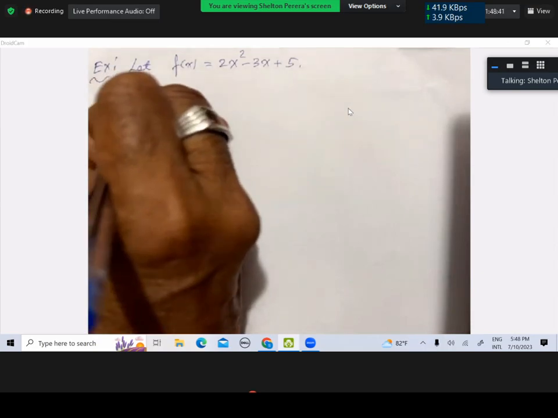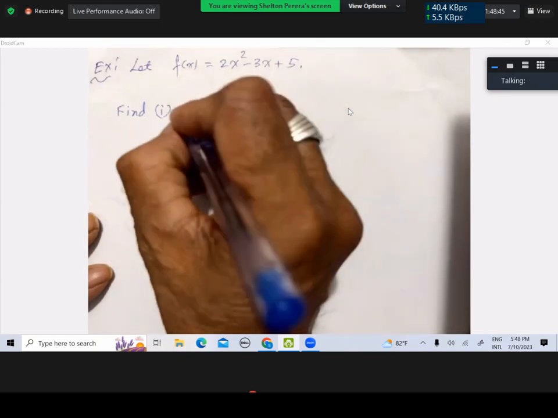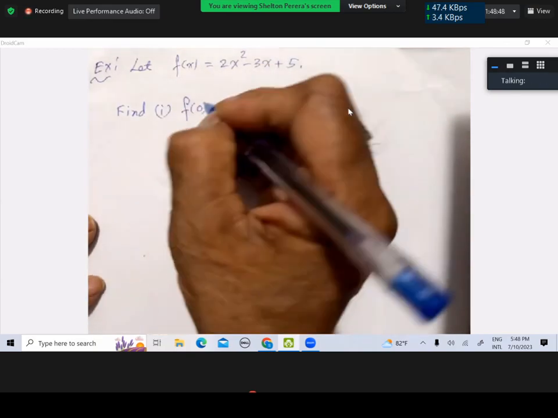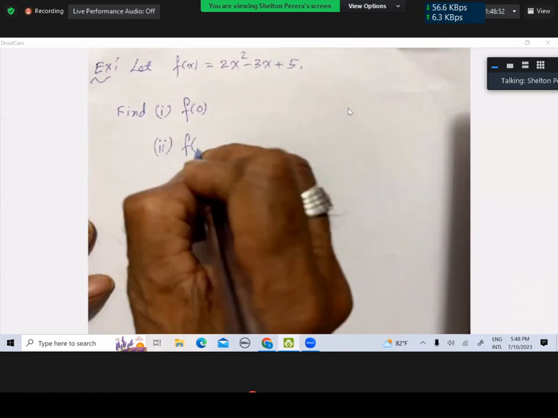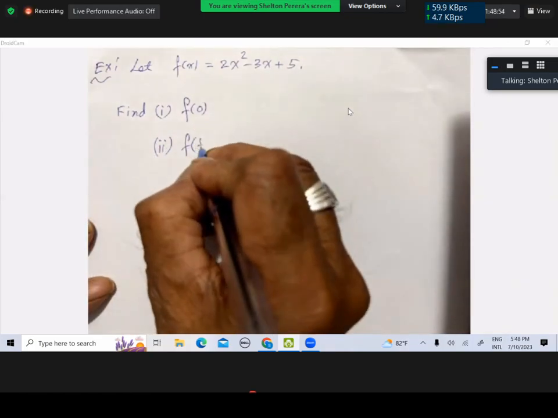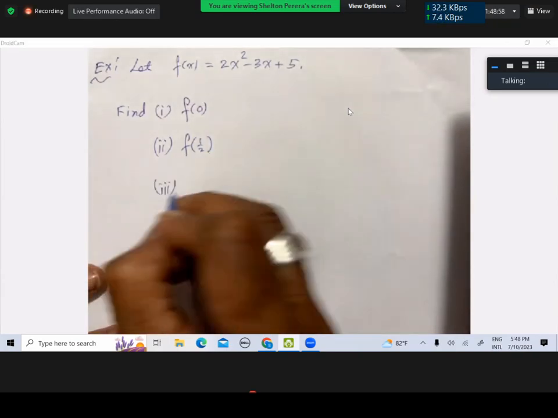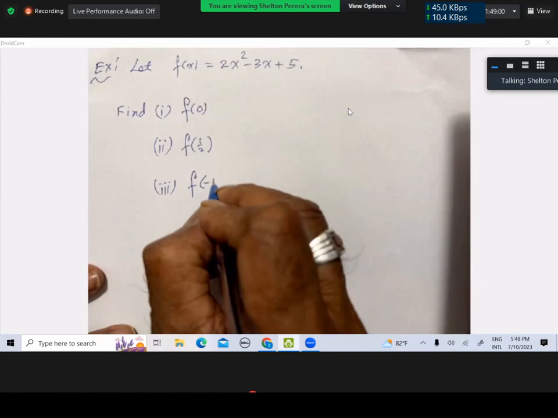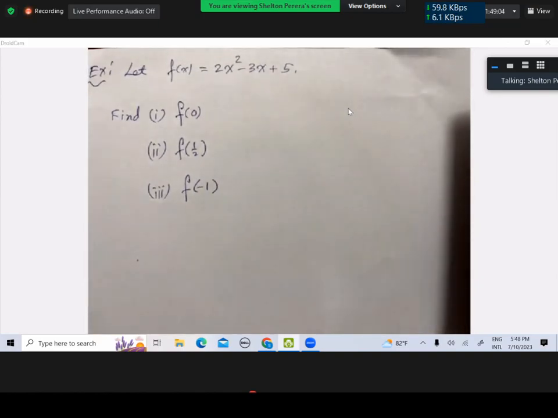Find first one f of 0. Second one f of half. Third one f of minus 1. You have to find them. Now you can start.